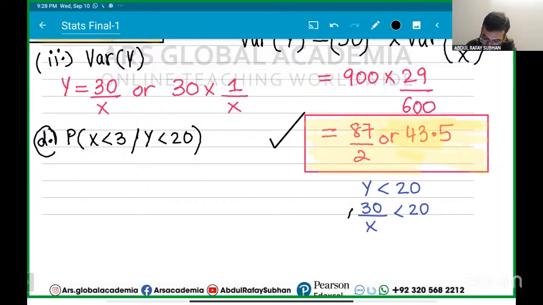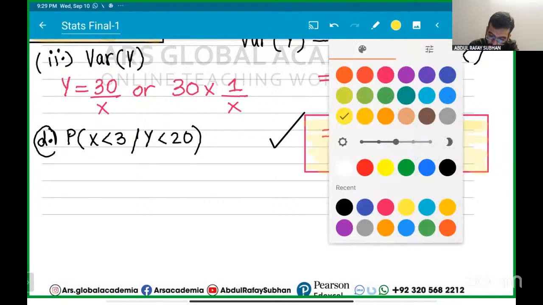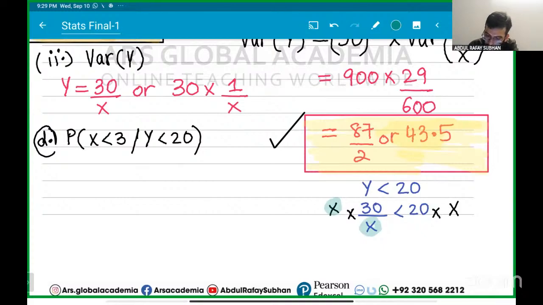Sorry, we multiply by x, not x squared, because multiplying by x squared would change the values. We multiply by x on both sides. So this x will cancel with this x, and it will be 30 is less than 20x.